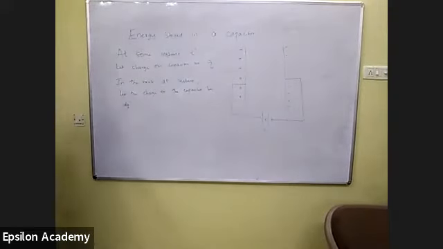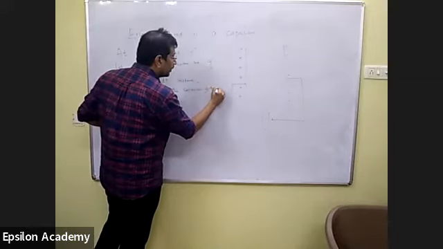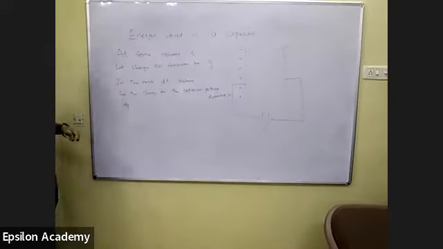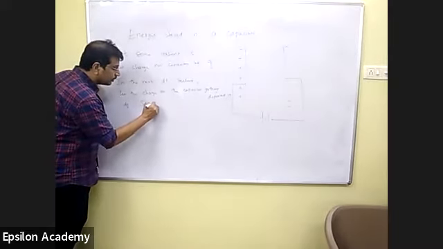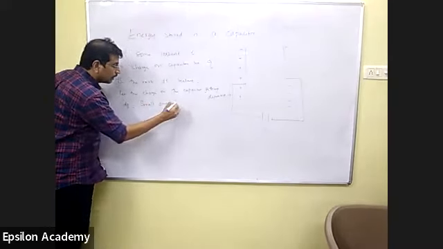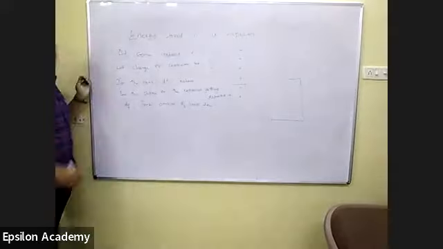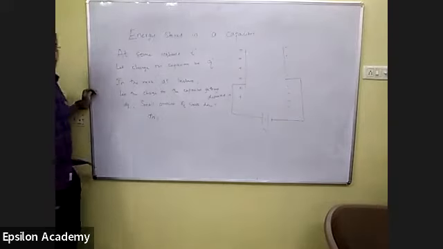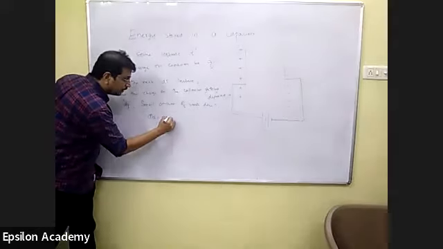Then what is the small amount of work done? dW is equal to q into, or I can write, V into dq.